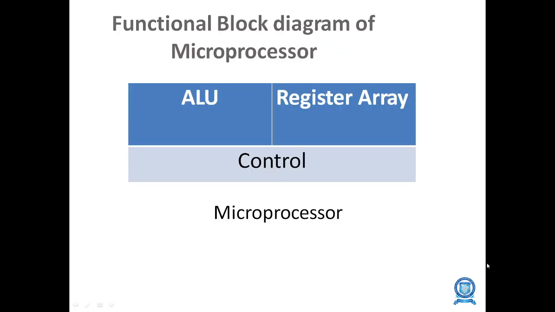The functional block diagram of a microprocessor has an ALU, which is the arithmetic and logic unit, a register array, and a control system. So these three parts make up the functional block diagram of a microprocessor.